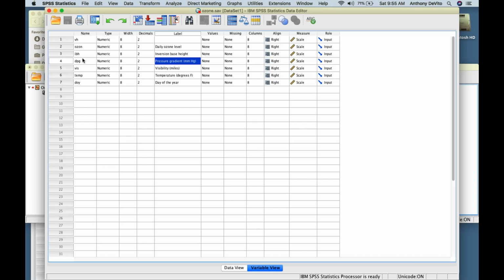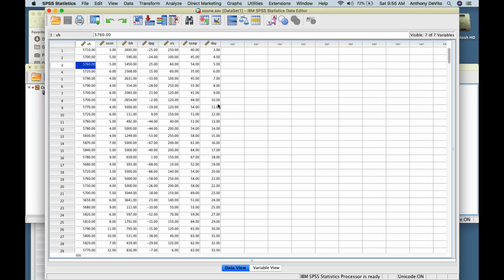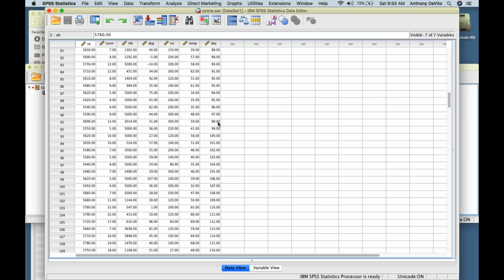Pressure gradient is the atmospheric pressure. VIZ is visibility. We have the temperature, and we have the day of the year. I'm not sure day of the year is going to be relevant to us so much, but here it is. These are the days that they took these various readings.